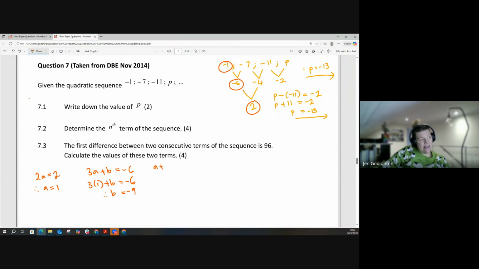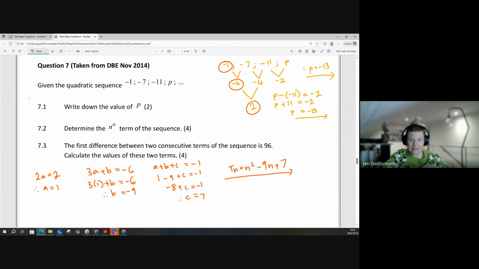And a plus b plus c needs to equal negative 1. So 1 minus 9 plus c equals negative 1. Therefore, C is equal to 7. So my formula is Tn equals n squared minus 9n plus 7. And those are our first 6 marks.